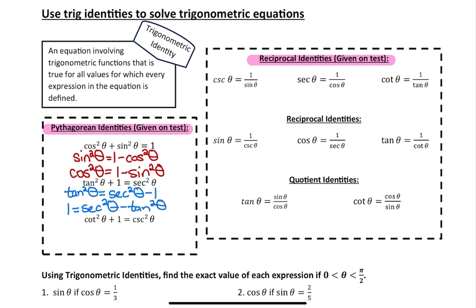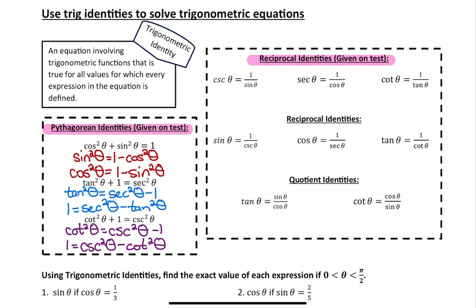I can do the same thing with the last one as well. Isolating cotangent squared theta would mean that it would be equal to cosecant squared theta minus 1, or I could get 1 by itself by subtracting cotangent squared theta from both sides. So cosecant squared theta minus cotangent squared theta is equal to 1.